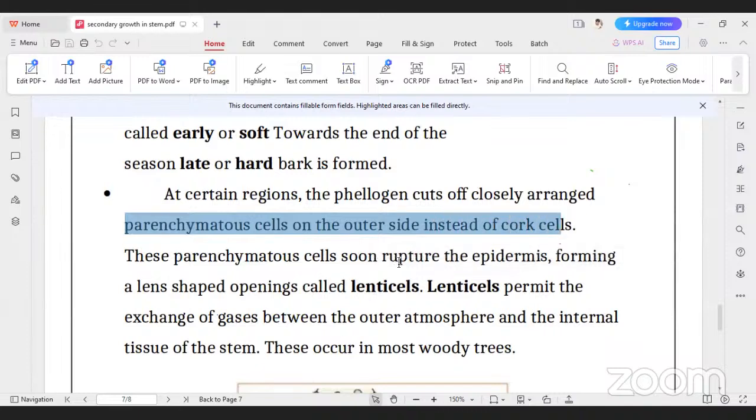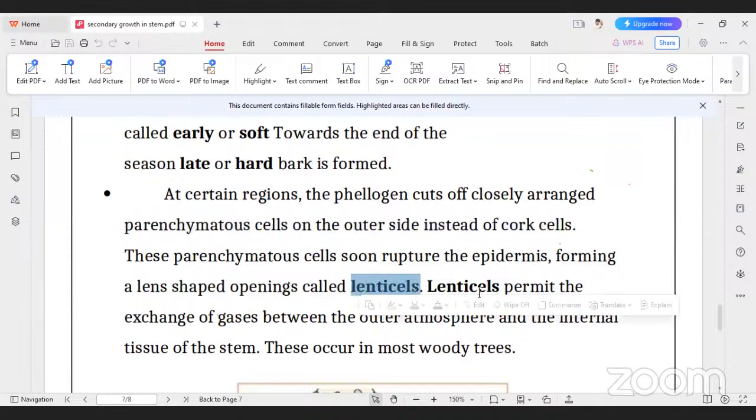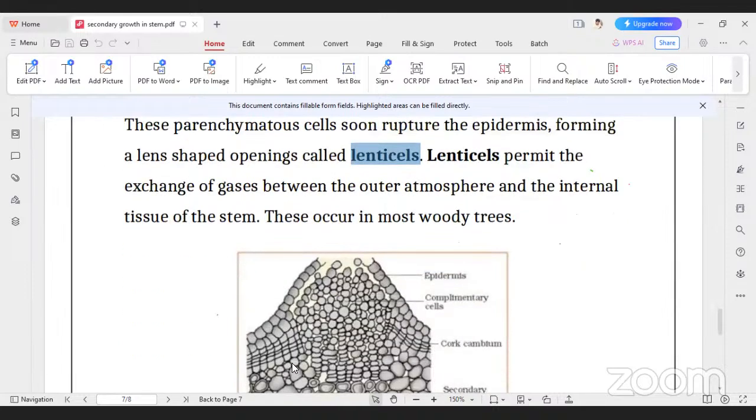These parenchyma cells soon rupture the epidermis, forming lens-shaped openings called lenticels. These lenticels permit the exchange of gases, but cork cells do not permit gases and water. So the exchange of gases takes place through the lenticels, between the outer atmosphere and the internal tissues of the stem. This occurs in most woody trees.